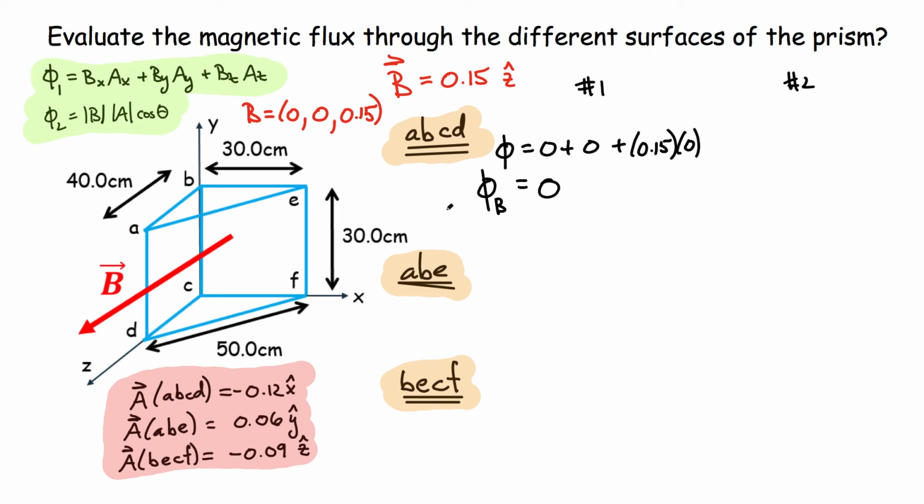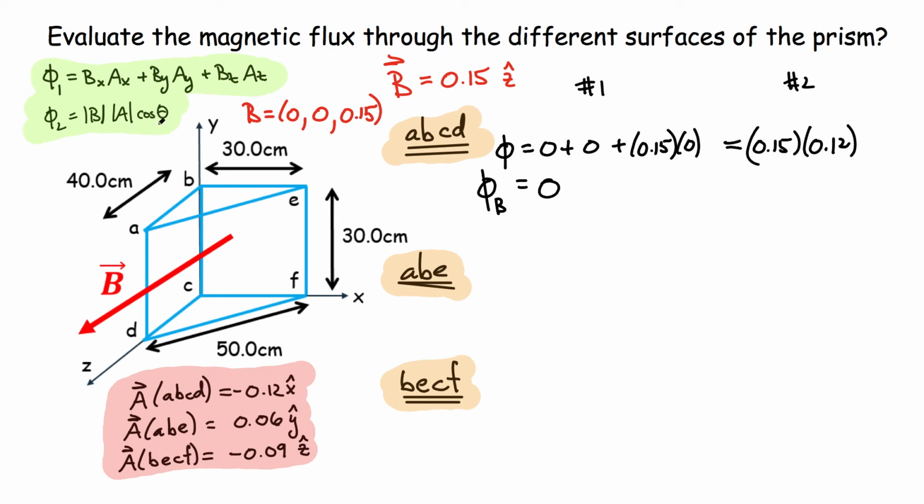How about if I use the second method? The second method would say, what is the magnitude of the vector B? The magnitude of the vector B is 0.15. That needs to get multiplied by the magnitude of the area, which is 0.12.